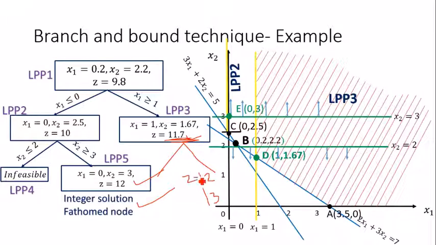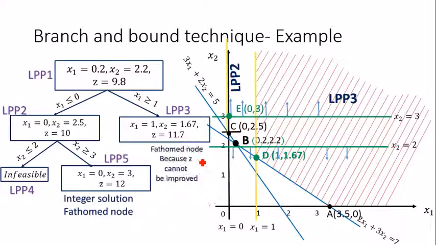So the minimum value of z which I can obtain with further branching is 12, but since I have already obtained 12 here, there is no benefit of further branching. So I'll stop here and fathom this node also, because z cannot be improved. That's how you can save your steps.